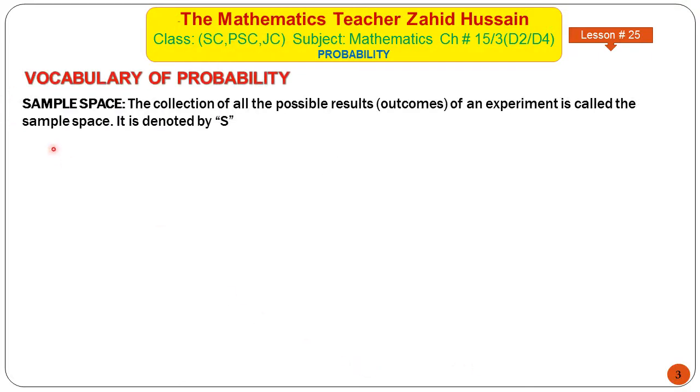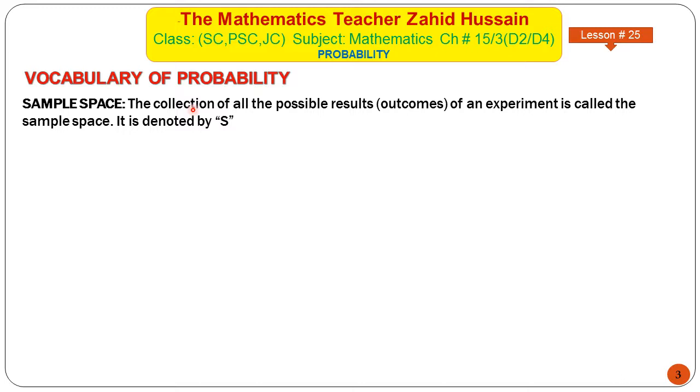Sample space. The collection of all the possible results, outcomes of an experiment is called the sample space. It is denoted by S. When we write this in the form of a set, we write all the outcomes, whether they repeat or not.